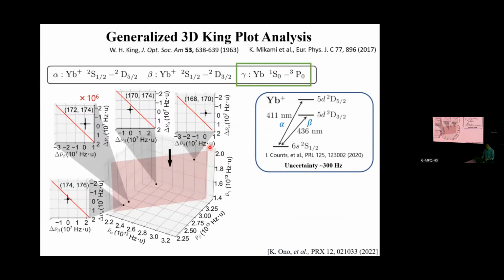For the construction of the 3D King plot, we use the isotope shift for the other transitions reported by MIT for the ytterbium ion for these two optical transitions.